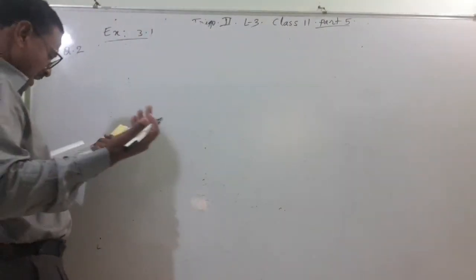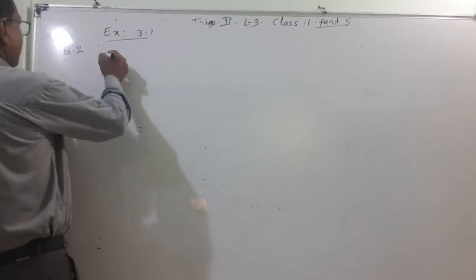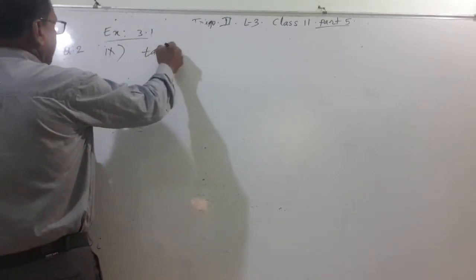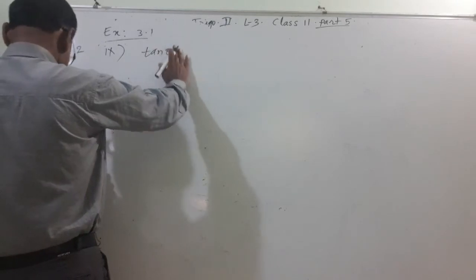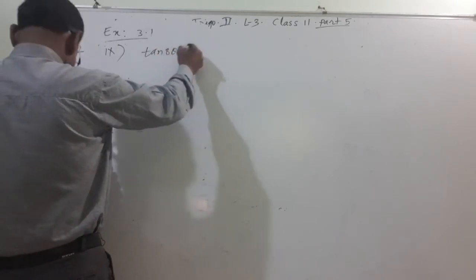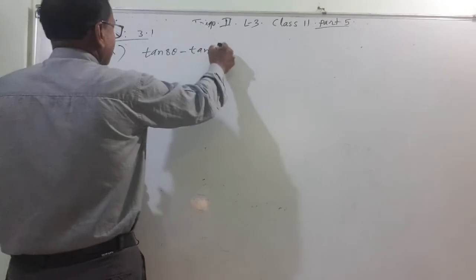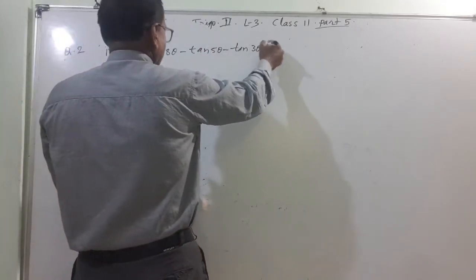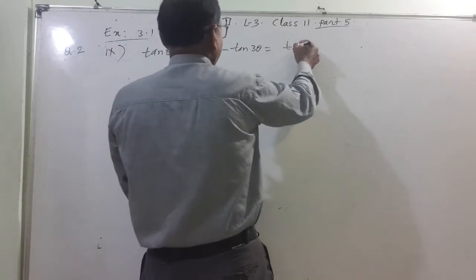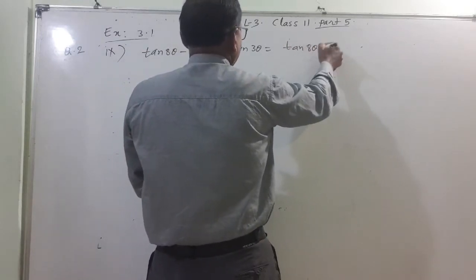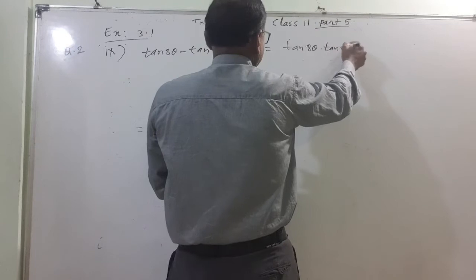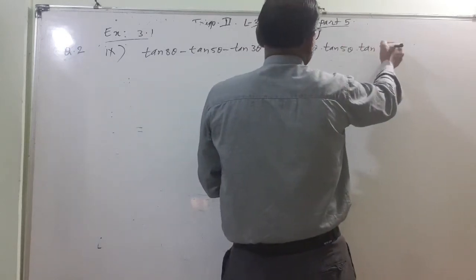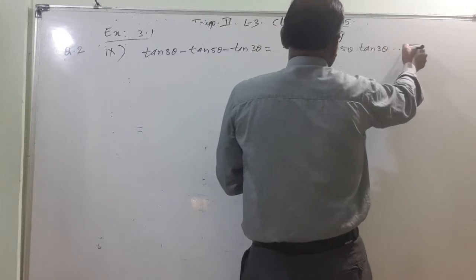The ninth sum that I have taught you that type, this I will give you for homework: tan of 8 theta minus tan of 5 theta minus tan of 3 theta is equal to tan 8 theta into tan 5 theta into tan 3 theta. This is for your homework.